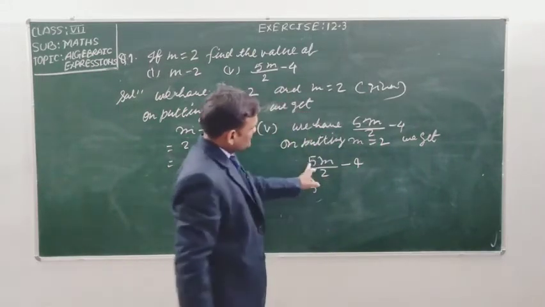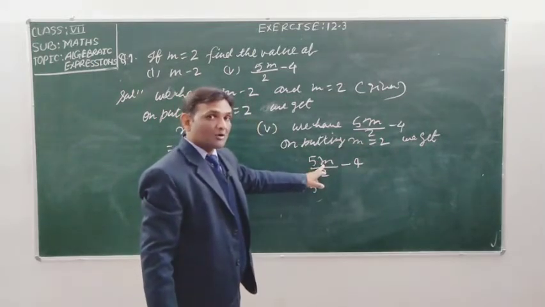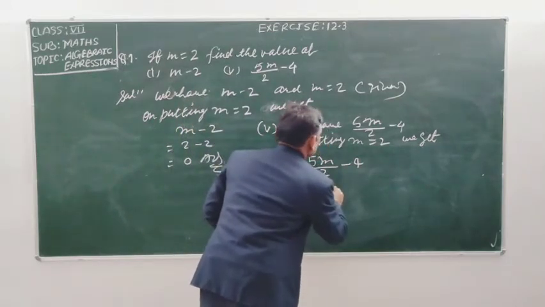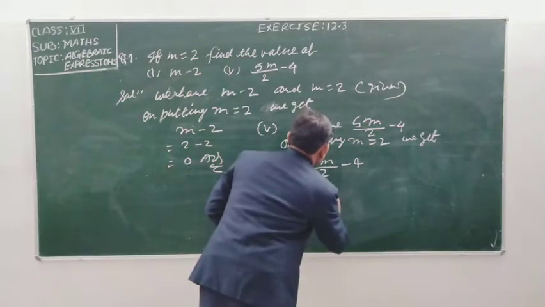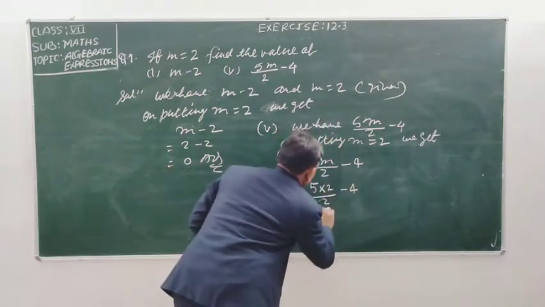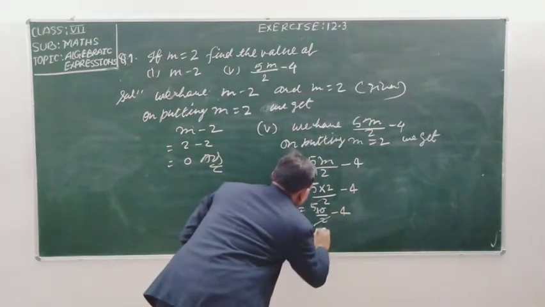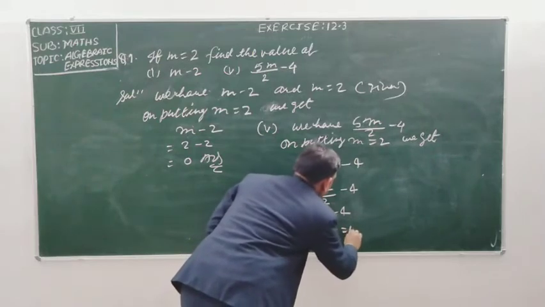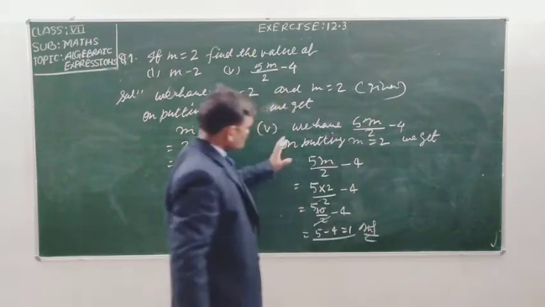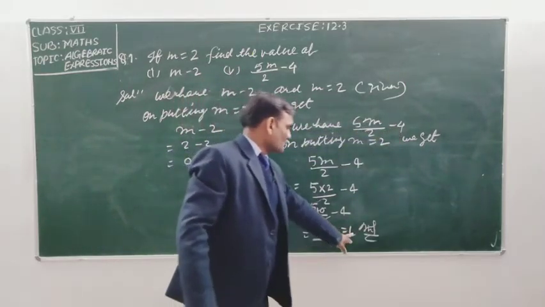Student, there is no sign between 5 and m, so you will understand it is the multiplication sign: 5 into 2 upon 2 minus 4. That is 10 upon 2 minus 4. 2 fives are 10, that is 5. 5 minus 4 is equal to 1. This is my answer. So student, the value of 5m upon 2 minus 4 is 1.